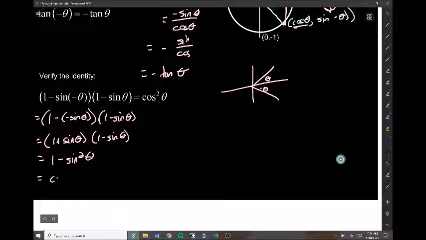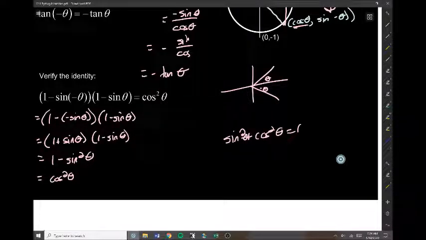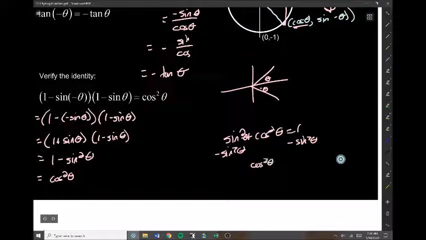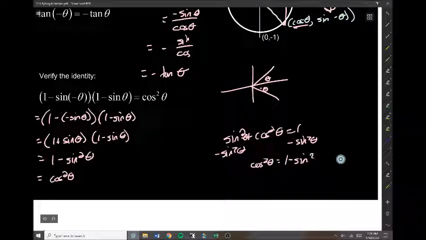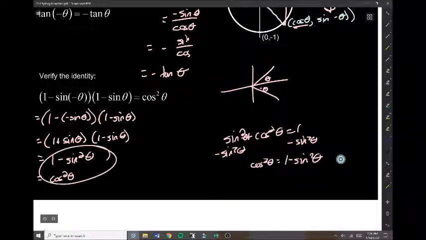And 1 minus sine squared is a Pythag identity. We know that's cosine squared. I'll show that because remember, sine squared plus cosine squared equals 1. Sorry, I sometimes forget to write the theta because I don't say it. If I subtract a sine squared from both sides, I get that the cosine squared of theta equals 1 minus sine squared theta, and that's what happened here.